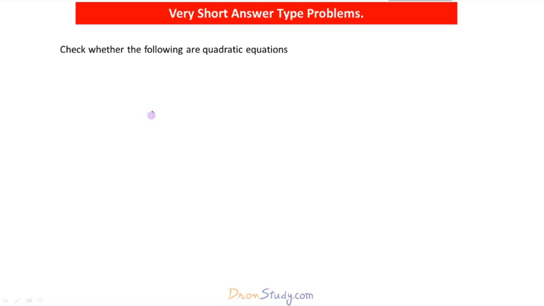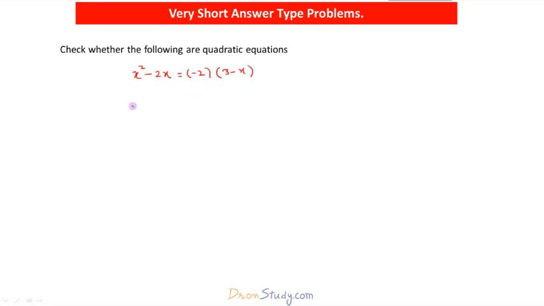Now the other equation is x square minus 2x, which is equal to minus 2 into another bracket, (3 minus x).